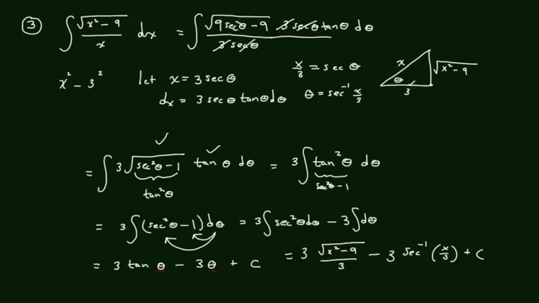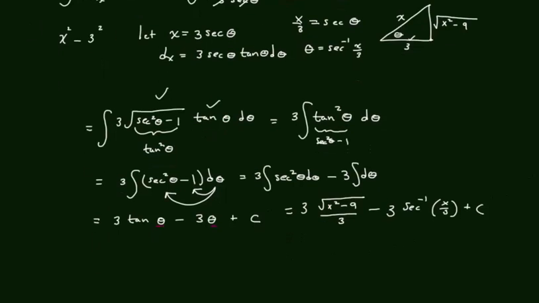Final answer, let me scroll. The final answer, radical x squared minus 9, cancels out like that, minus 3 inverse secant x over 3 plus c.